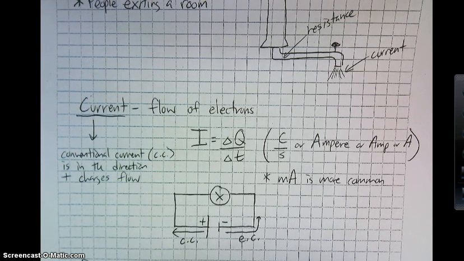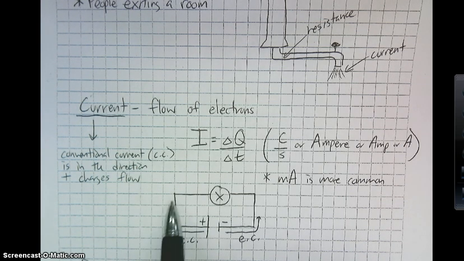Not a big deal, but in my drawing here, you'll notice I've got an arrow leading away from the positive terminal. A positive charge would lead away from the positive terminal to the negative terminal. Therefore, conventional current flows from positive to negative, whereas electron current would go from negative to positive. Generally shown, this is the direction of the current, from positive to negative.